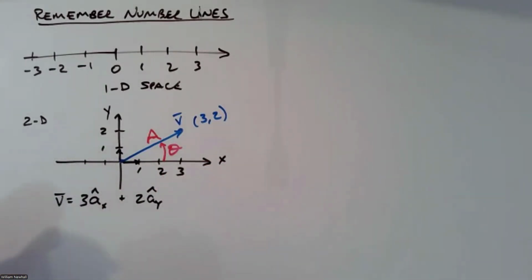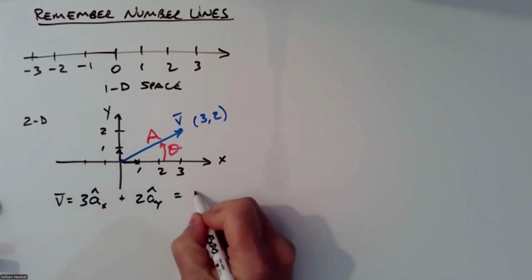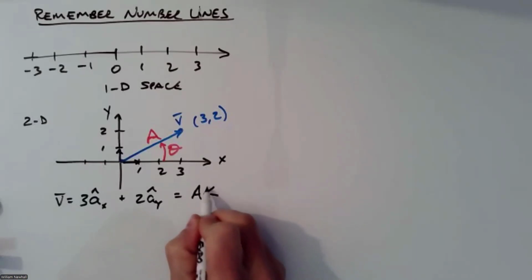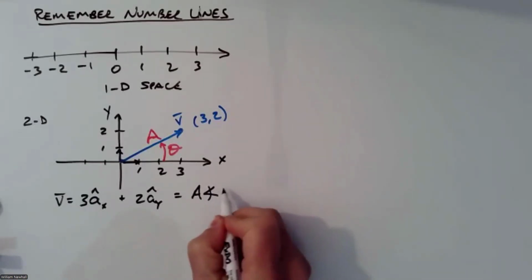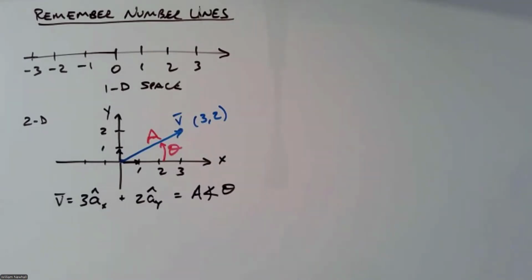And what that let us do is express this vector v like this: a at an angle of theta, right? So that's polar coordinates. So here's rectangular or Cartesian coordinates or polar coordinates.